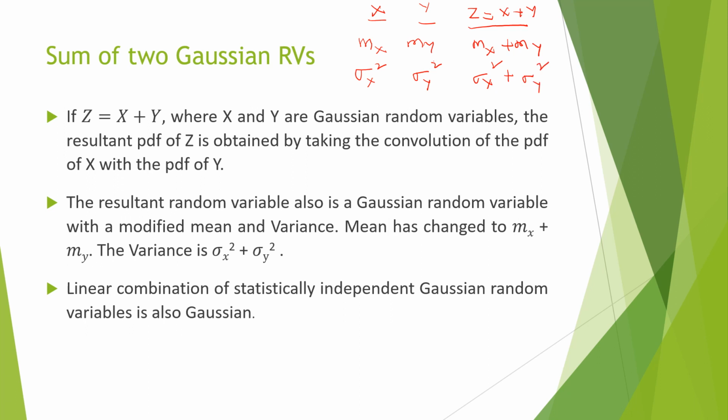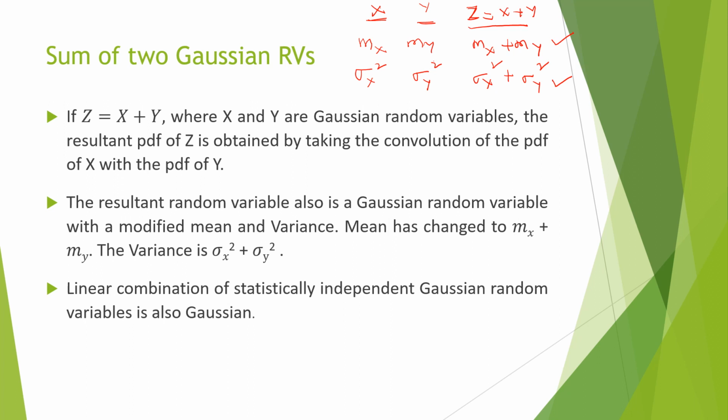So this is the observation. If you take a Gaussian random variable x and a Gaussian random variable y, the resultant random variable is also Gaussian with a modified mean of mx plus my and a modified variance of sigma x square plus sigma y square.